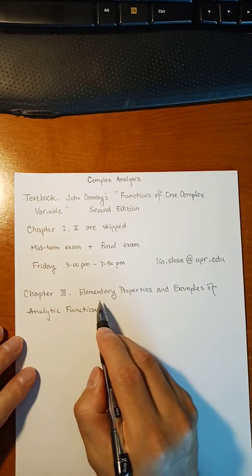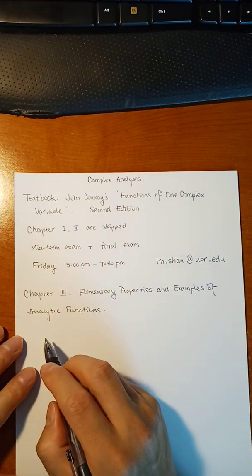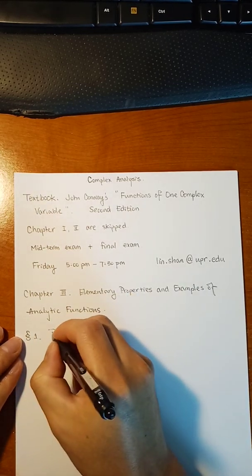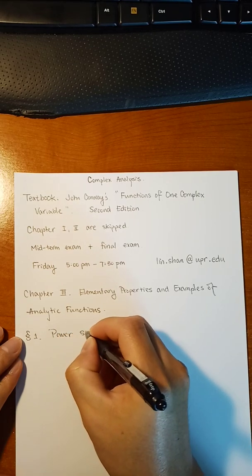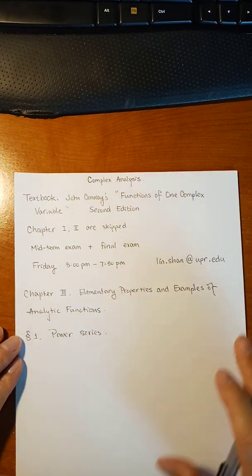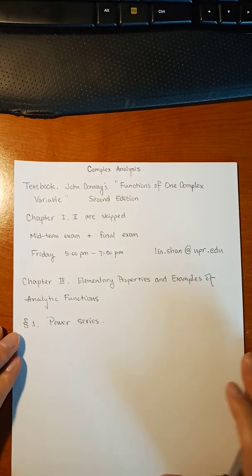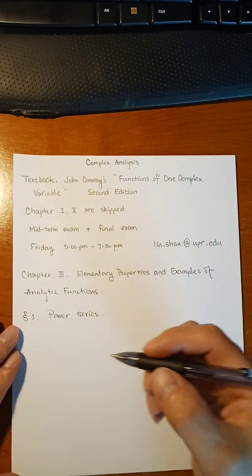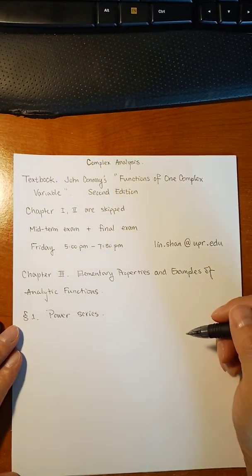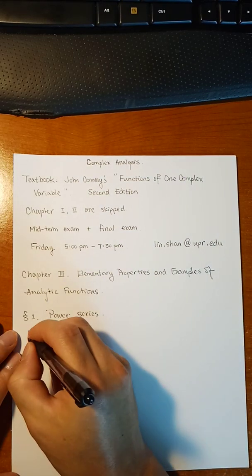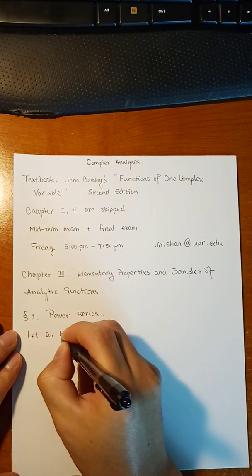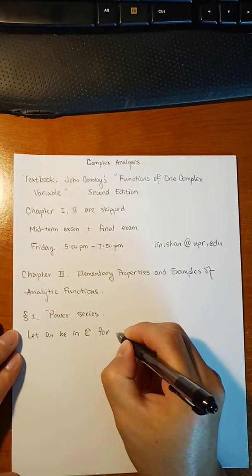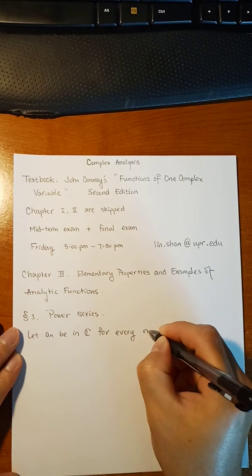Chapter 3, elementary properties and examples of analytic functions, section 1, power series. When we say power series, it is the well-known stuff even from calculus. Let a_n be in the complex plane for every n greater than or equal to 0.